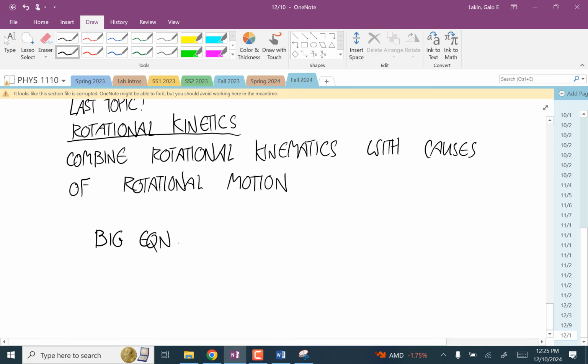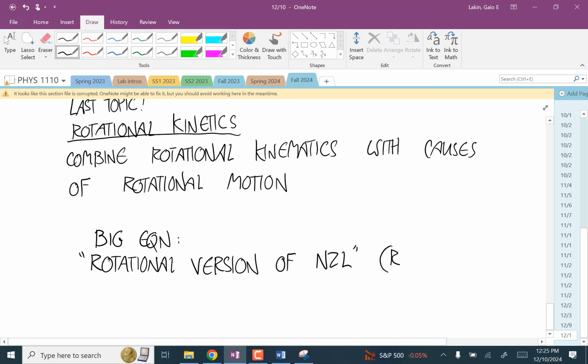The big equation for rotational kinetics is what I'm going to call the rotational version of Newton's second law. I'm going to call it RN2L, rotational Newton's second law.